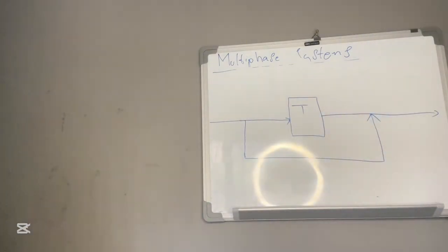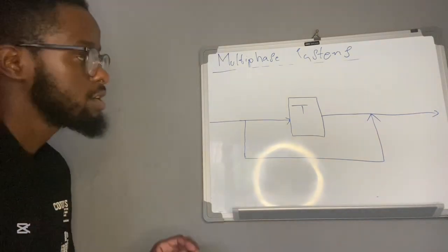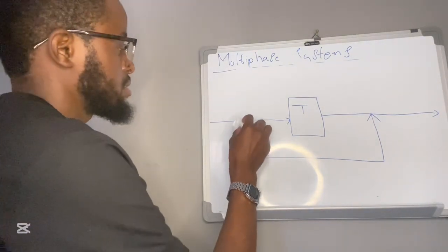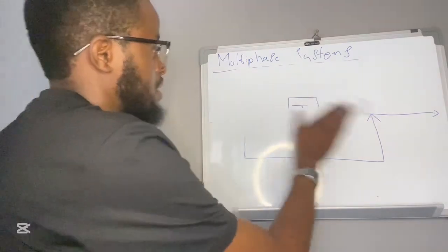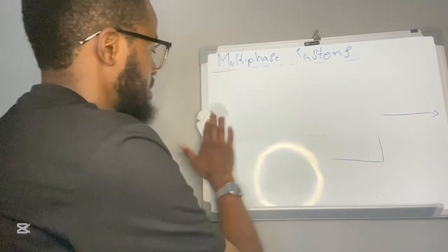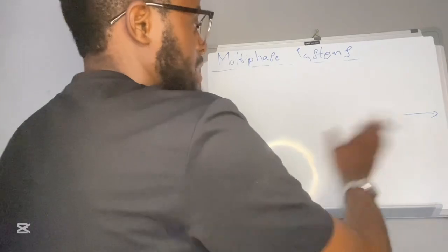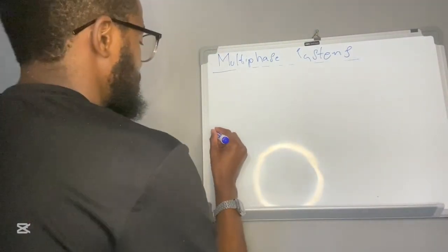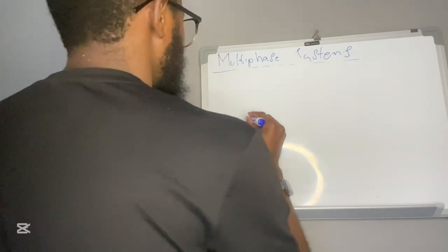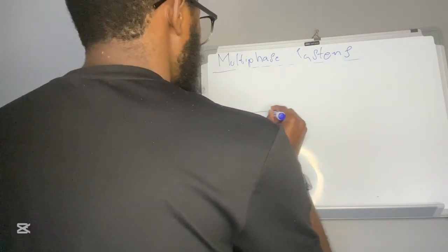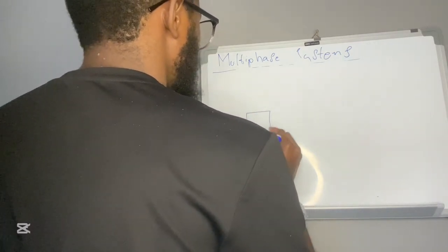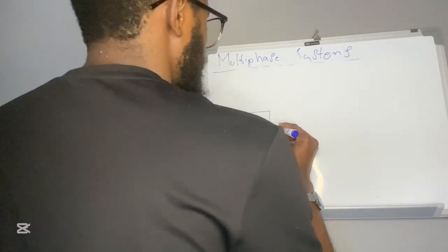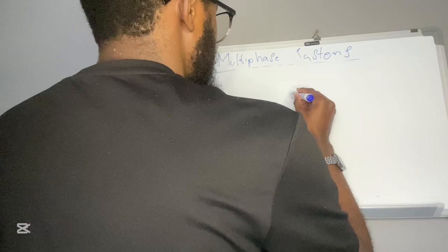But I do not want you guys to draw it this way. For extra marks, do not draw it this way. Just do it like this, because every time a stream splits, there is a process unit that splits the stream. It doesn't just split by itself.